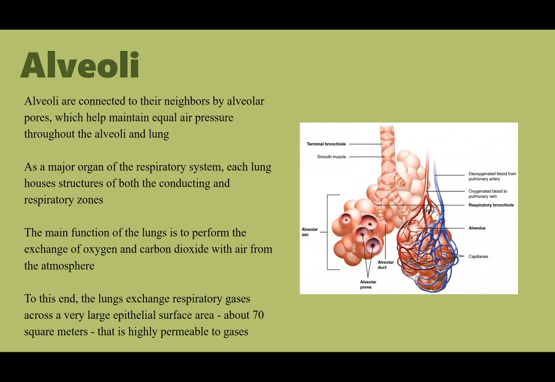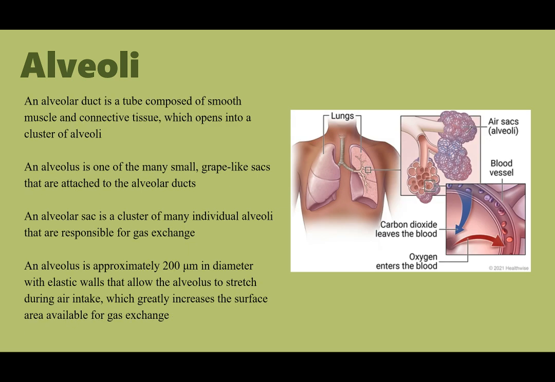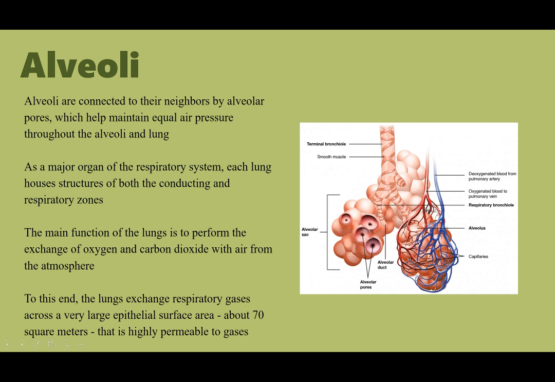So today we talked about the alveoli, how they are connected, the structure of the alveoli, and the position of the alveoli in the lungs. Maybe I forgot one thing to mention. As the figure shows, the alveoli are located in the lungs, so that's why we need to mention the lungs when we talk about the alveoli.